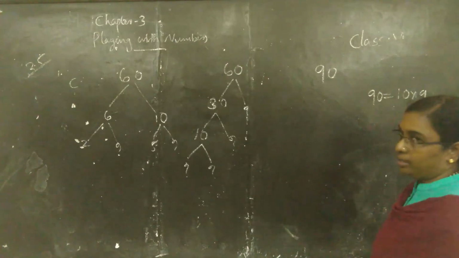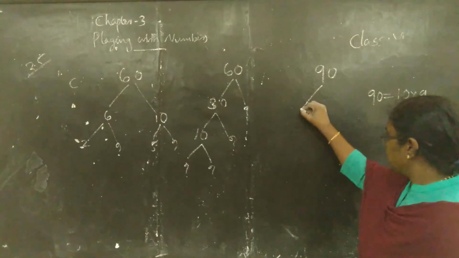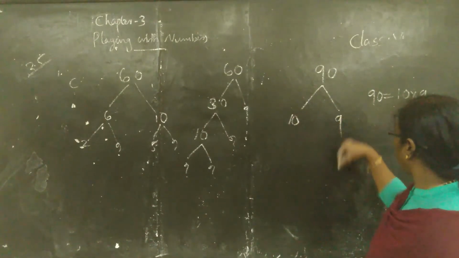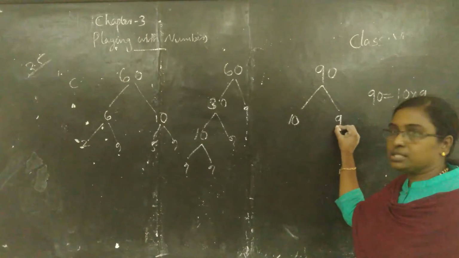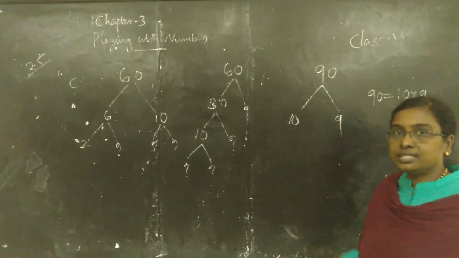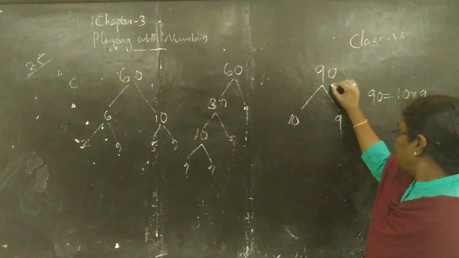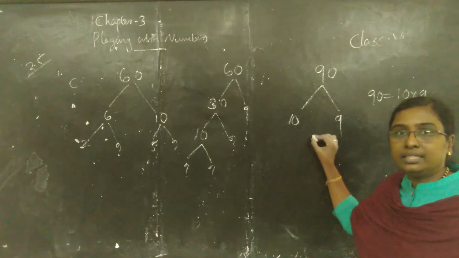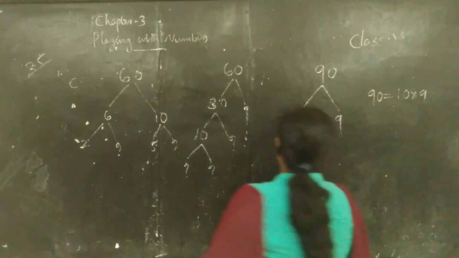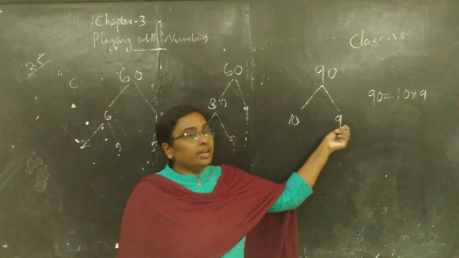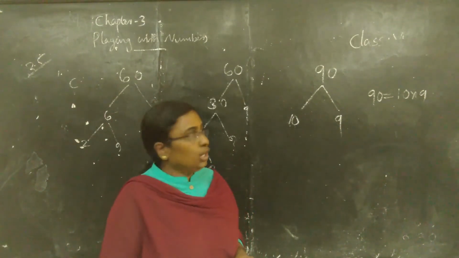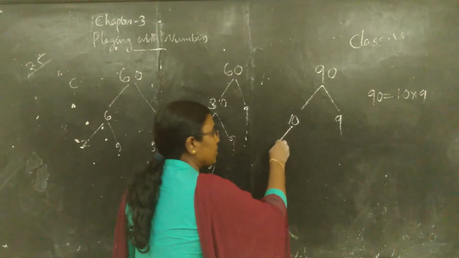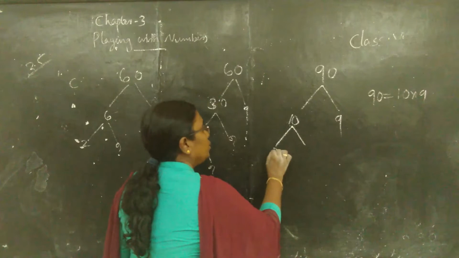We know that 90 equals 10 into 9. So in the factor tree, split 90 into 10 into 9. Here 10 and 9 are not prime numbers, so we have to factorize these numbers again. 10 is factorized as 2 into 5.